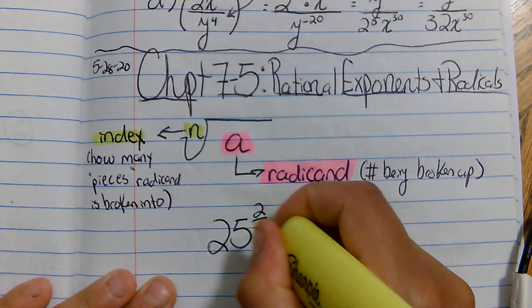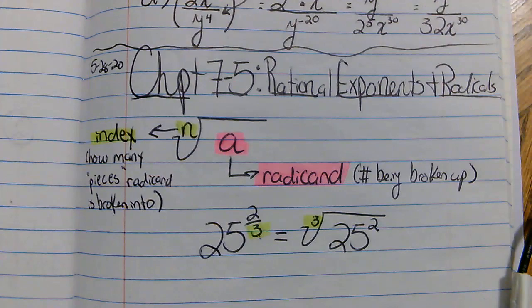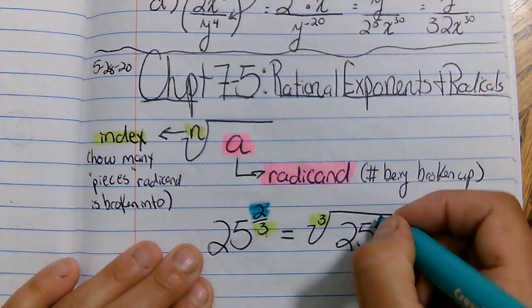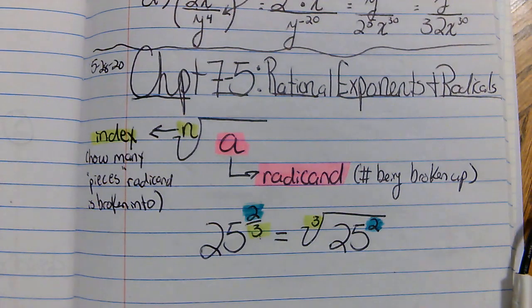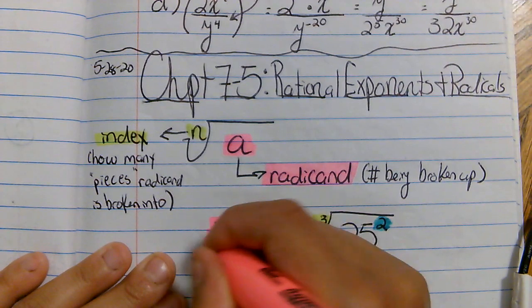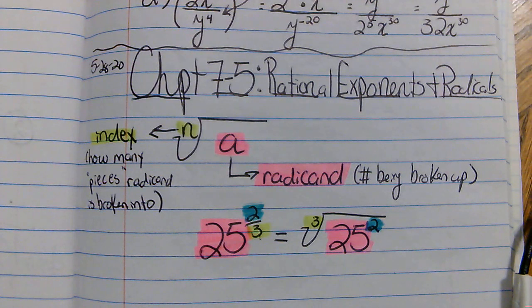Okay, so your denominator is always your index, and your numerator, I should do this in a different color. Your numerator is your exponent that stays with your radicand. Okay, and then 25 is your radicand. Okay, just so you can see where everything is as we're doing these.